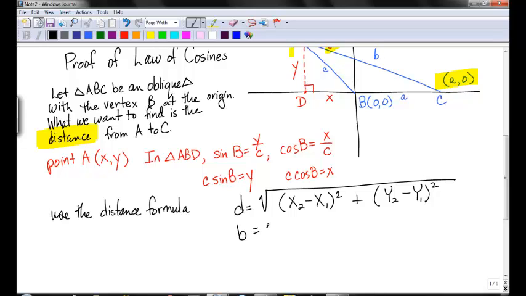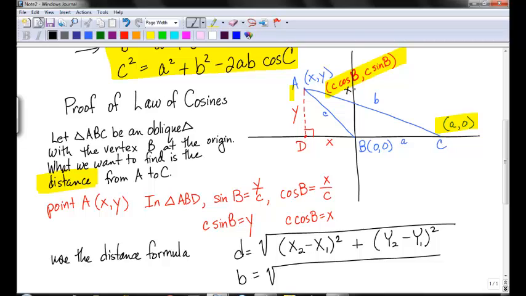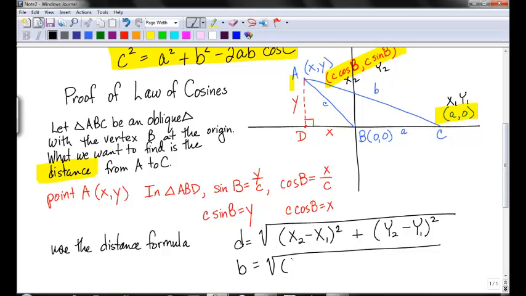It's the square root, and I labeled this as my x sub 2, y sub 2, and I labeled this as my x sub 1, y sub 1. So when you sub in, my x sub 2 is going to be c cosine of b, my x sub 1 is a, quantity squared, plus my y sub 2 is going to be c sine of b minus 0, quantity squared.